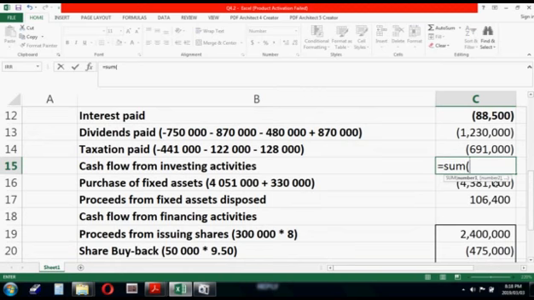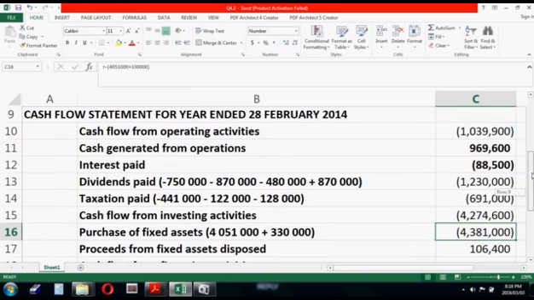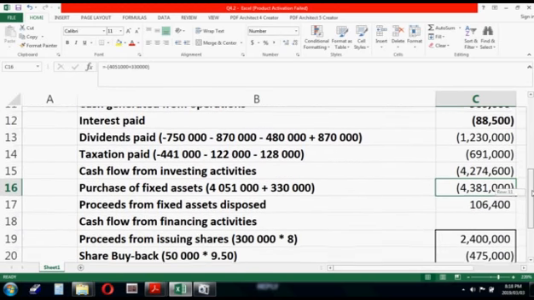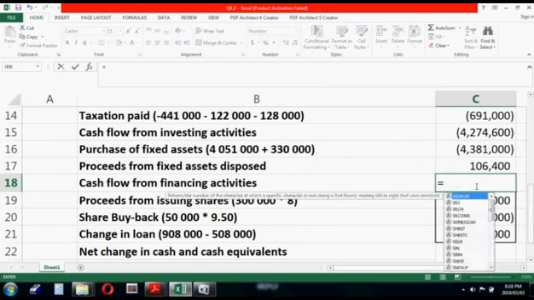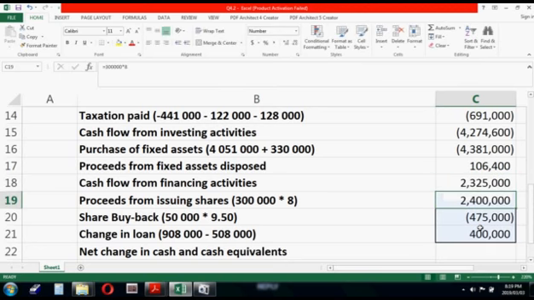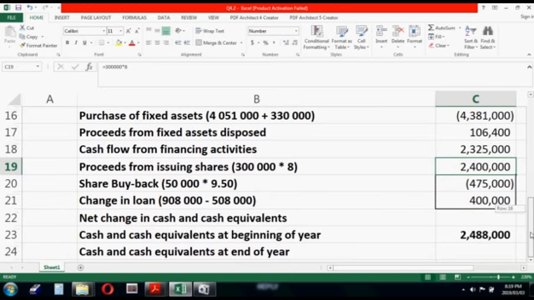So we simply add the purchase of fixed assets and proceeds from fixed assets disposed. So that's another outflow. And then finally we have the cash flow from financing activities. So we add the proceeds from issuing shares with the share buyback and the change in loan. In this case we have an inflow.